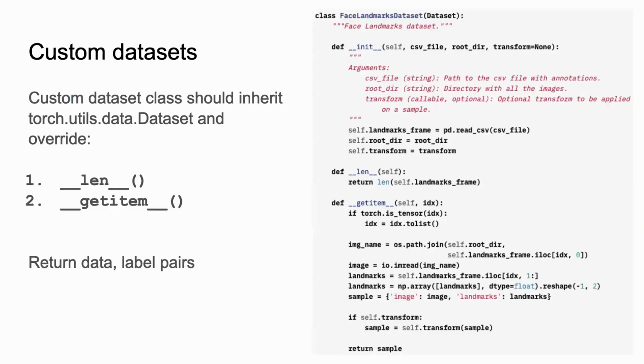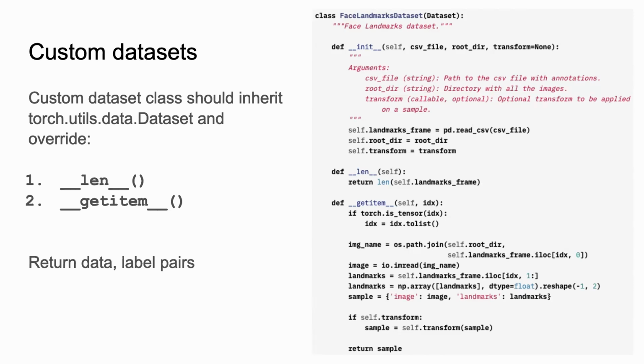And then, one thing that people will commonly do is make a custom data set for PyTorch, and the crucial parts of this are, for one, inheriting the torch utils dataset class, and then overriding two functions, just the length function and getItem function. And then you ultimately want getItem to return data and label pairs.